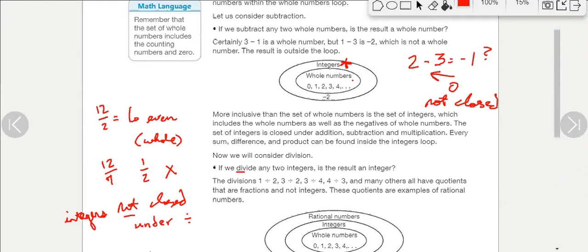What set is this where you've got a number over a number? Don't just say fraction. We call these the rational numbers. That's their name if we're talking about that set. It's less inclusive, so it's out. We show it outside the integers. Every integer is a rational number, and every whole number is an integer.